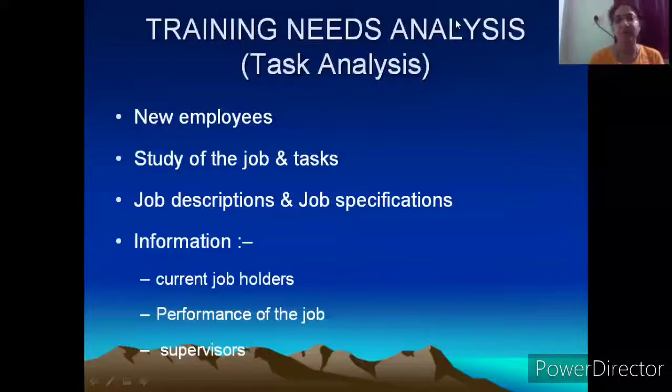And similarly, for a supervisor, you're taking them in and then giving them training related to various aspects like how to make reports of the workers, how to maintain the reports of the workers, how to maintain the attendance records of workers, and also how to interview the workers. All these aspects of training will also be given to the supervisor. So as I had told you, according to what tasks have to be done, training will be given. According to what skills are required, for that also training will be given.